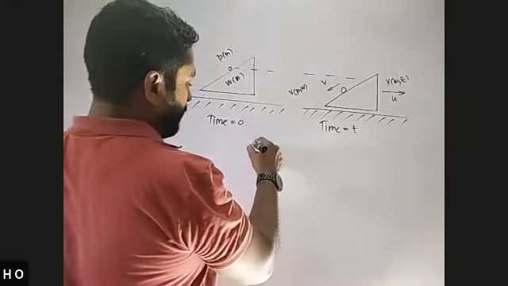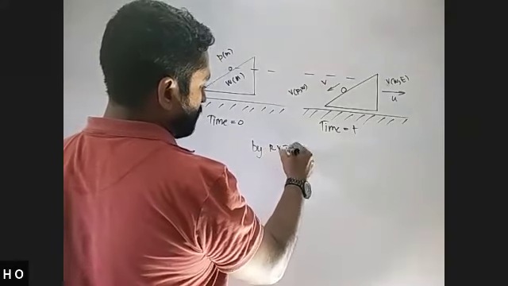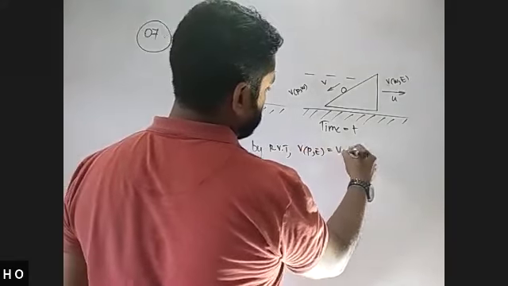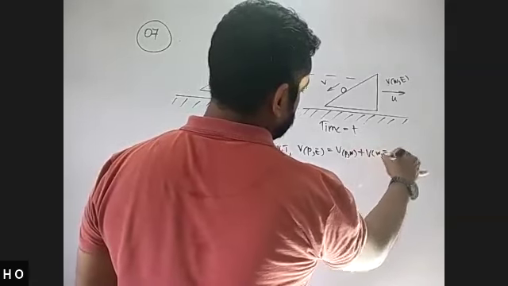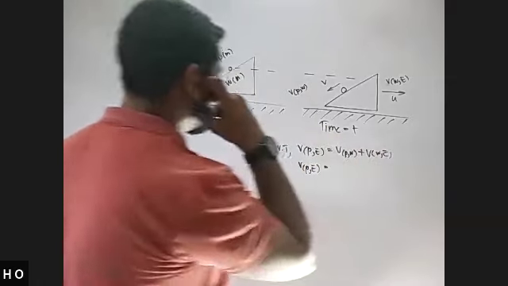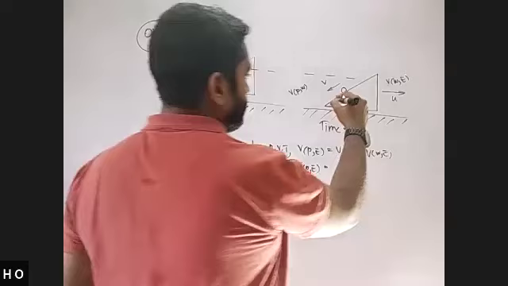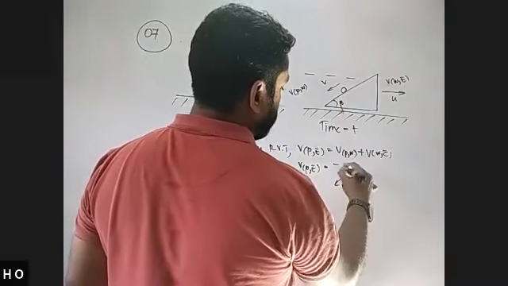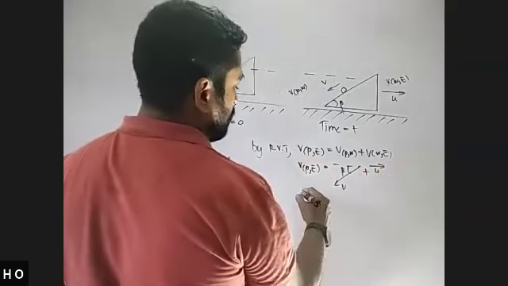By the relative velocity theorem, the velocity of the particle to Earth is the velocity of the particle to wedge plus the velocity of the wedge to Earth. The particle to wedge is v at angle beta, so it is going to be v at beta plus u.